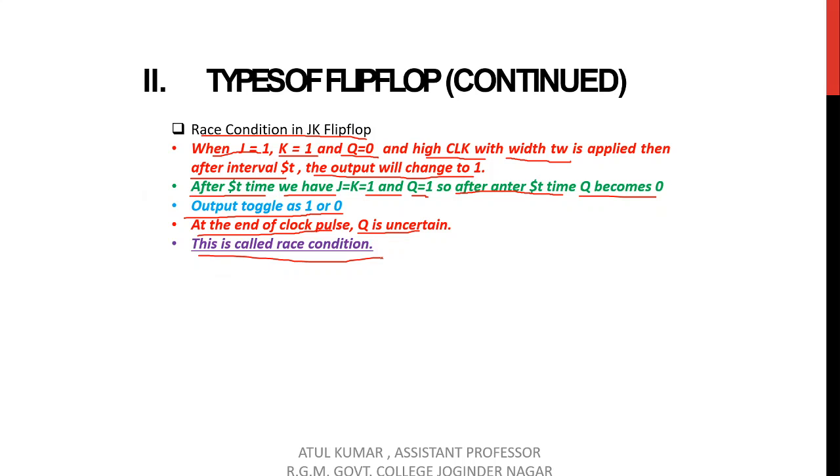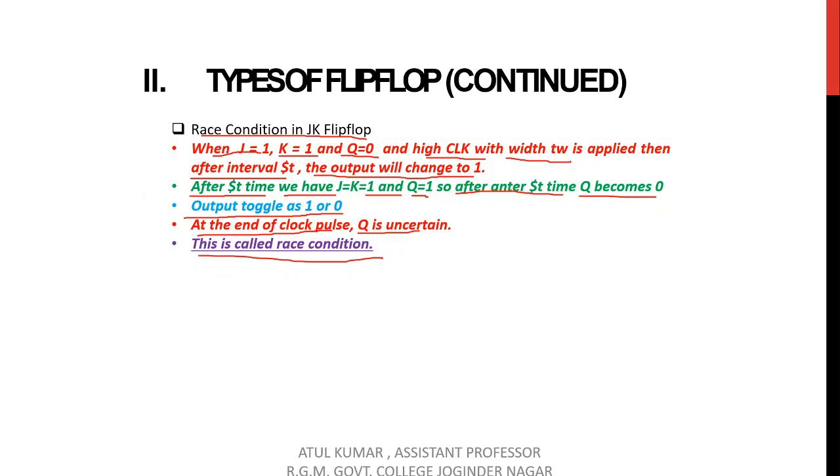At the end of the clock pulse, because the width of the clock pulse is large compared to the time interval delta t, we don't know what the exact output will be. It may be either 0 or 1.